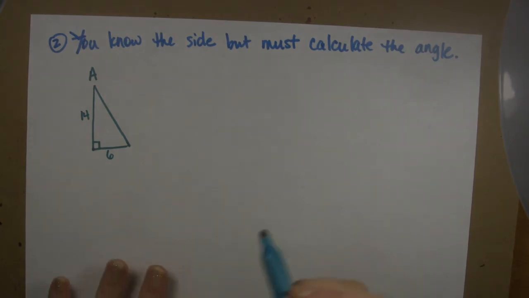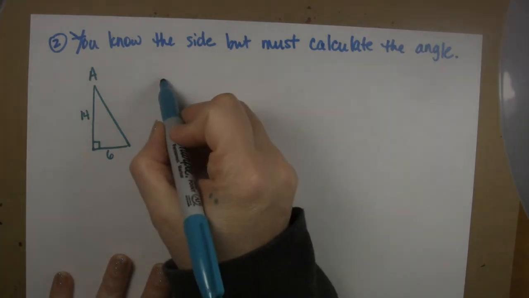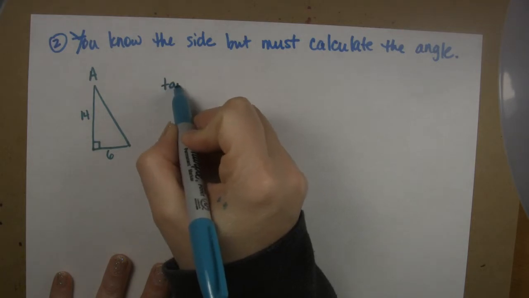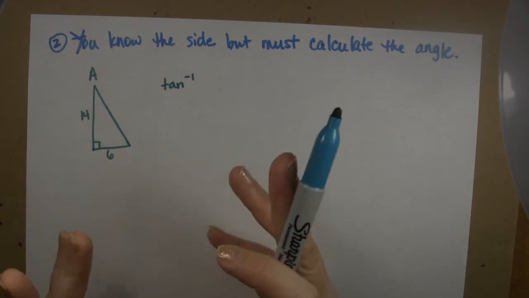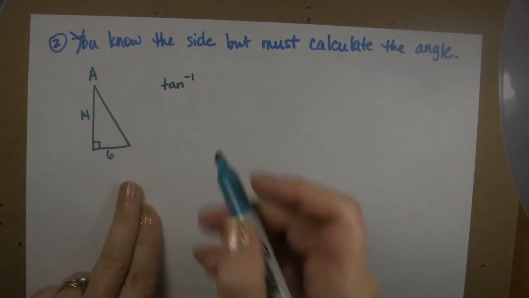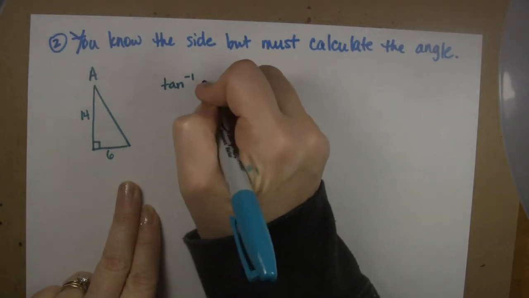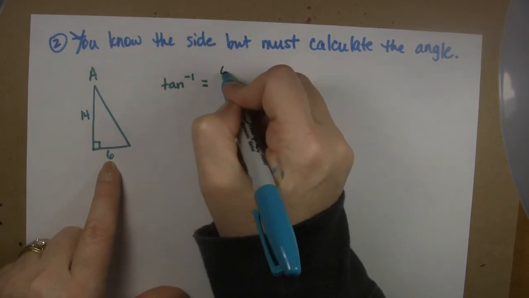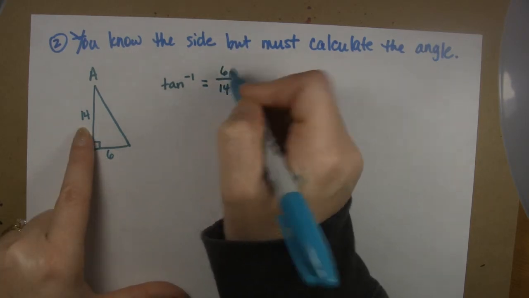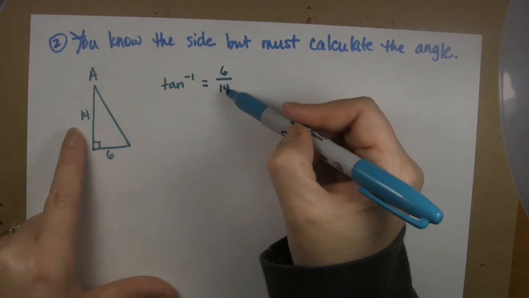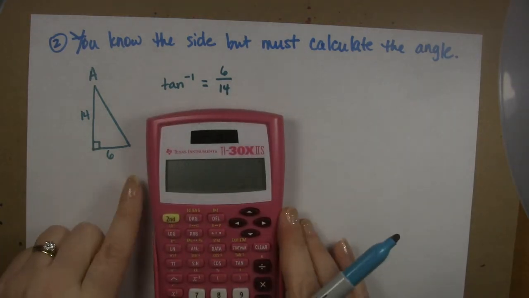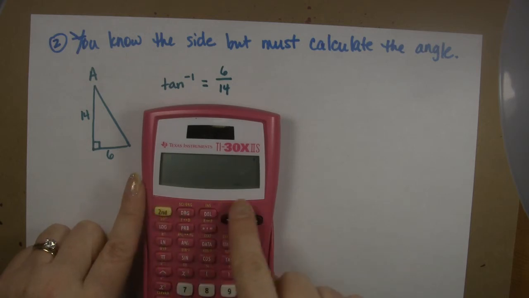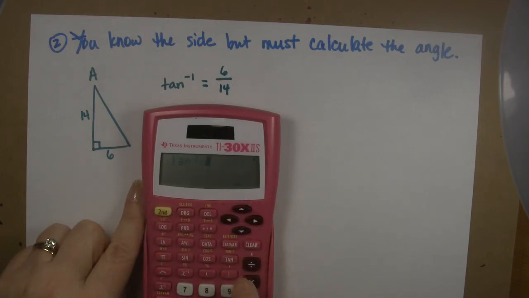So what I'm going to do this time is I'm going to say, okay, tan minus 1, that's the inverse or the opposite of a tangent calculation, is going to equal 6 over 14. So in other words, the opposite divided by the adjacent. So now when I do this in my calculator, I have to do a second function, tan.